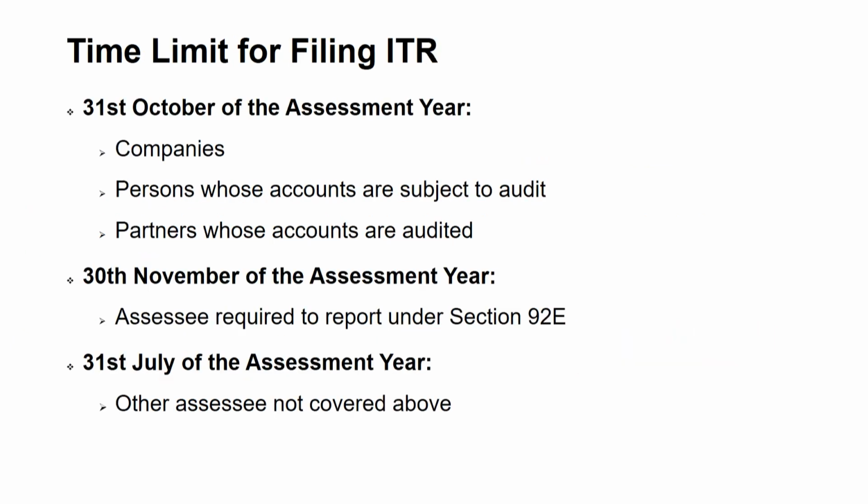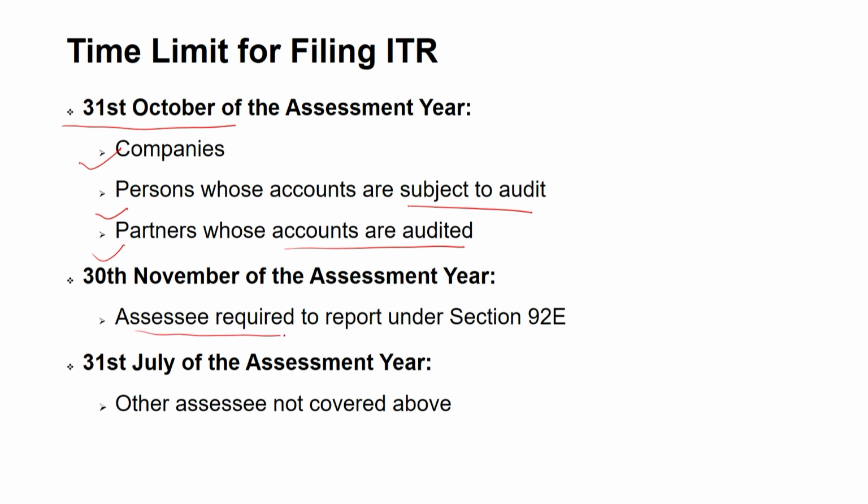Now let us understand the time limit for filing the ITR. For different types of assessee, there are different time limits in the Income Tax Act for the purpose of ITR filing. For example, for companies, for persons whose accounts are subject to audit, or for partners whose accounts are audited, the time limit for filing the return is 31st October of the assessment year.